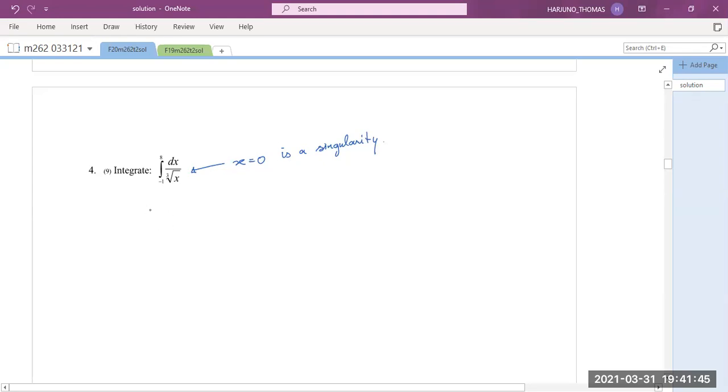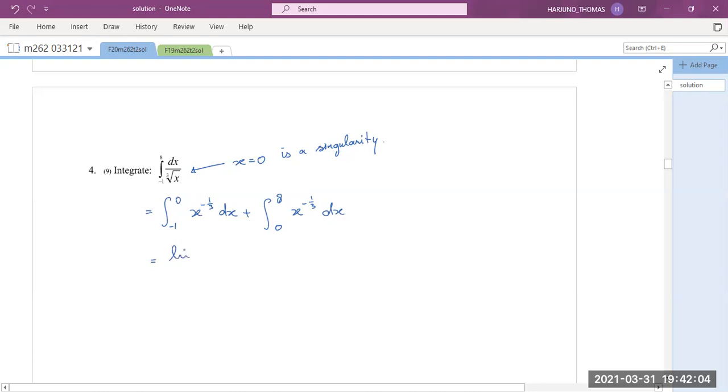Okay, so I need to break this integral up. The integral from -1 to 0 of x to the power of -1/3 dx plus the integral from 0 to 8 of x to the -1/3 dx.